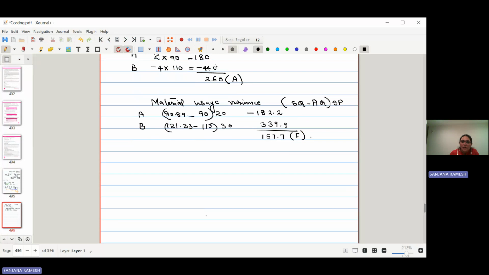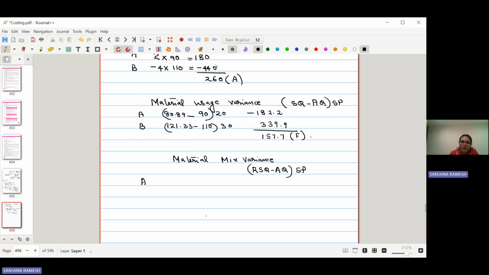Then we can find the material mix variance. Material mix variance is the difference between revised standard quantity and actual quantity into standard price.